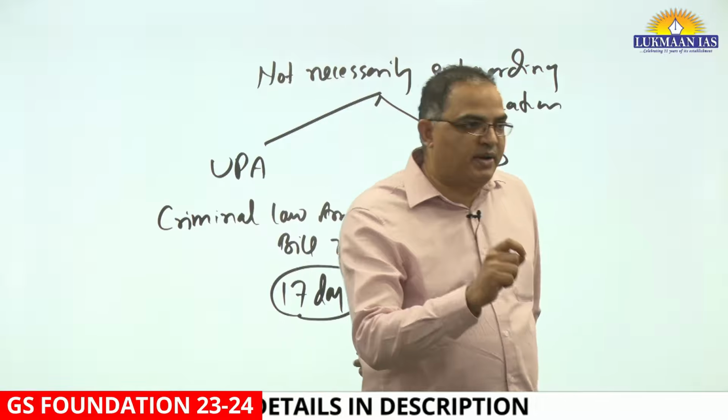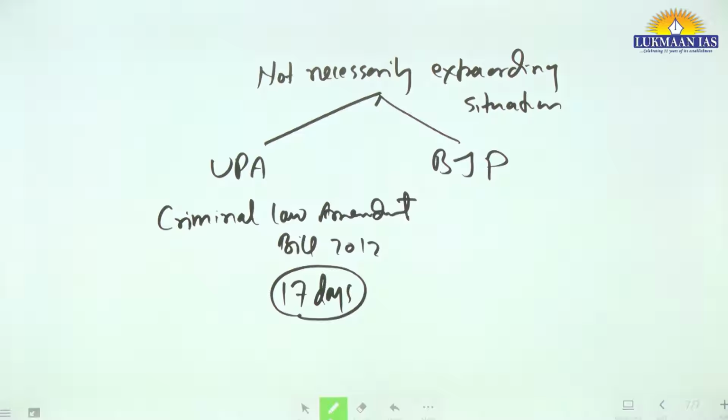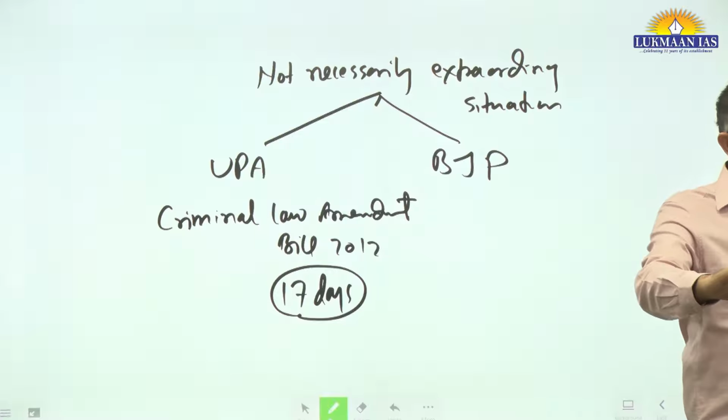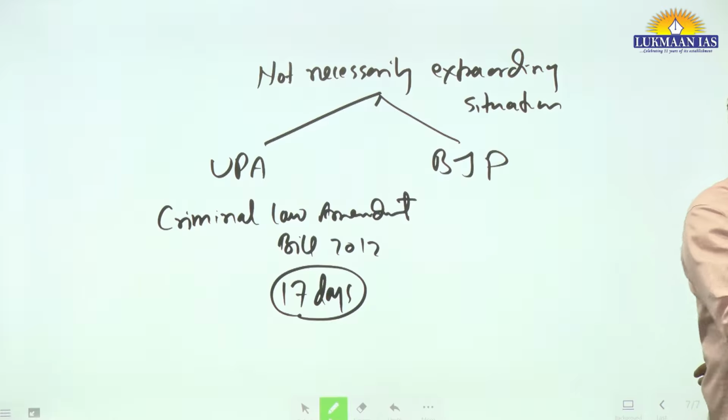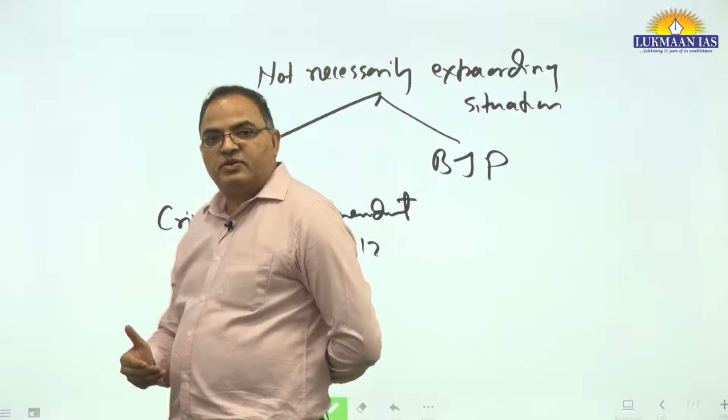Plus, the J.S. Verma committee set up at that time recommended that to stop this kind of incident you do not need a new law. You do not need to amend any law. It is very clearly written that the laws you have are enough to stop such incidents. And still you are bringing an amendment bill through ordinance.